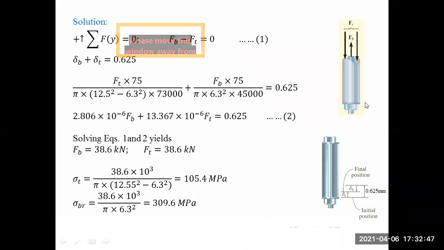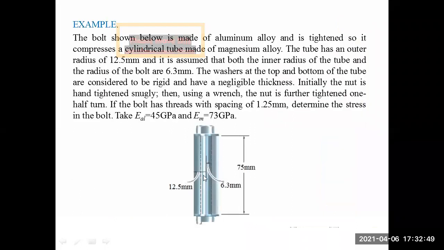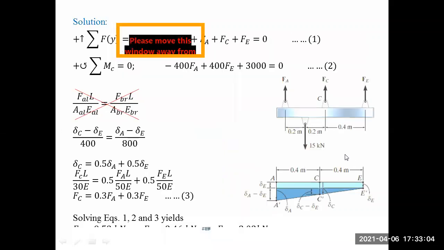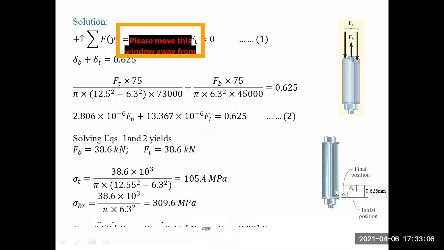If you still remember the example, it was about a bolt and a sleeve, within each other, and the nut is moved upward by spinning the nut half a spin. Then we know how much delta. The point is not this. The point is to understand this concept.